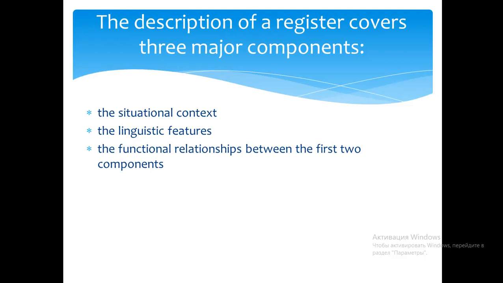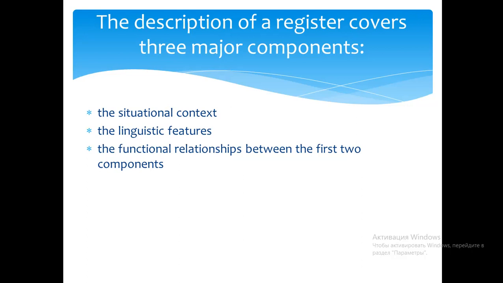Registers are described for their typical lexical and grammatical characteristics, their linguistic features. But registers are also described for their situational contexts, for example, whether they are produced in speech or writing, whether they are interactive, and what their primary communicative purposes are.